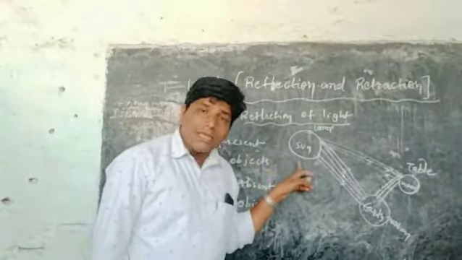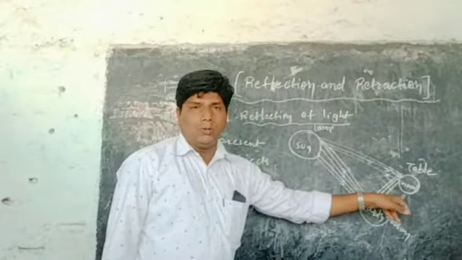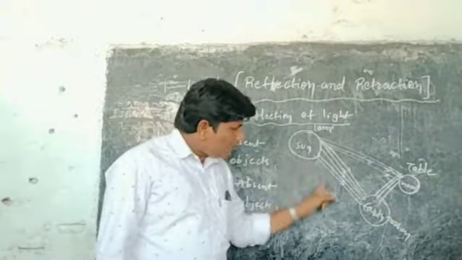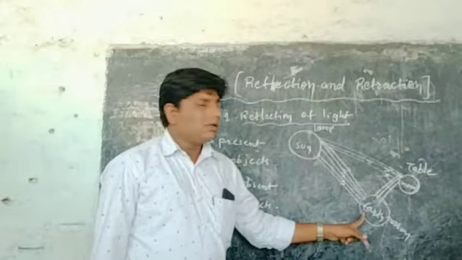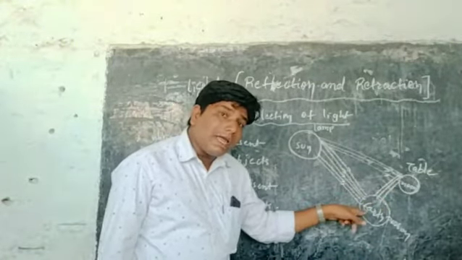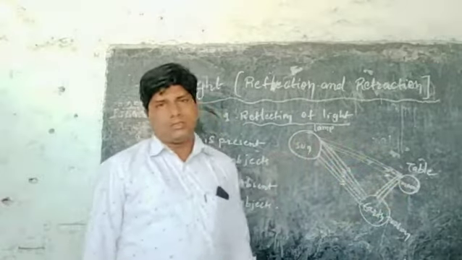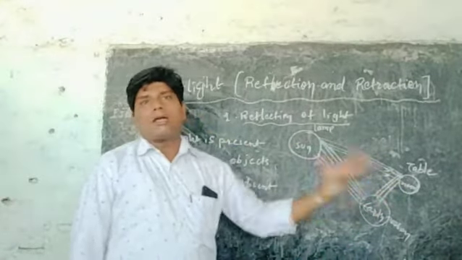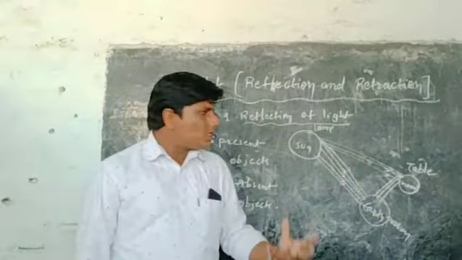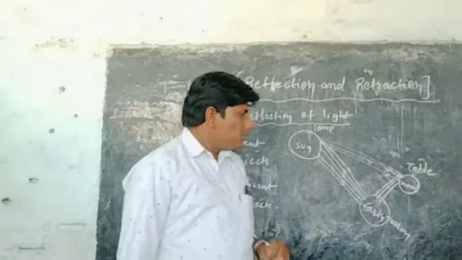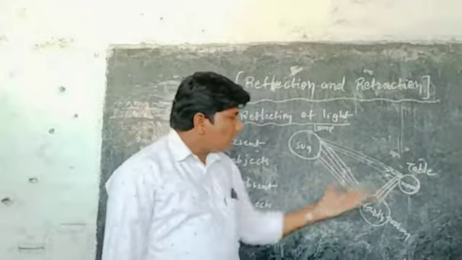Here the sun is luminous and the moon is non-luminous. From the sun we receive light directly. From the moon we receive reflected light, so our eyes perceive reflected light. From where does the moon reflect the light?